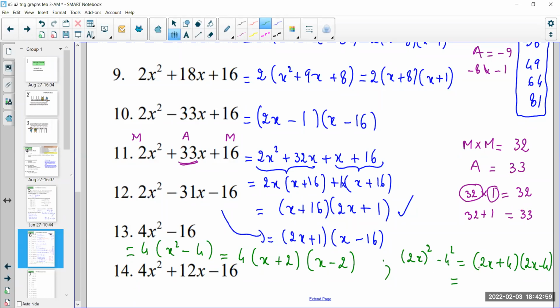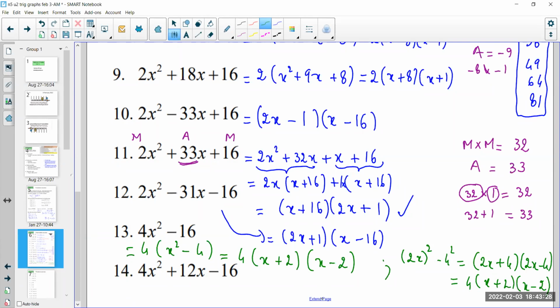So you can extract 2 here and you can extract 2 again. So 2 times 2 would give you 4. And then you get your x plus 2 times x minus 2. So you would get the full marks by making 4 as 2 times 2 basically.